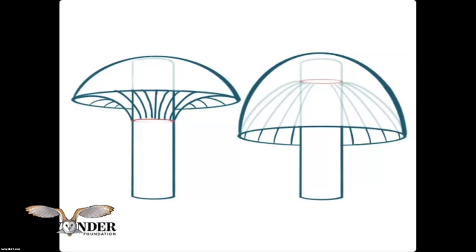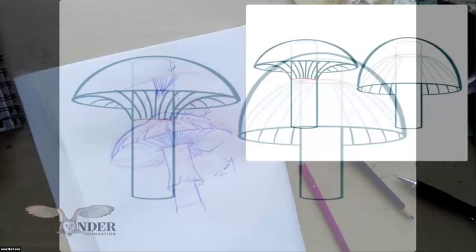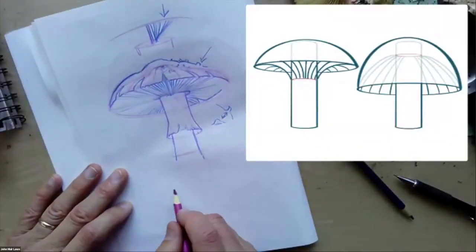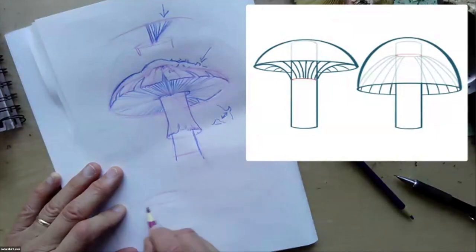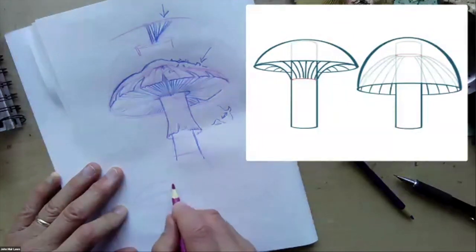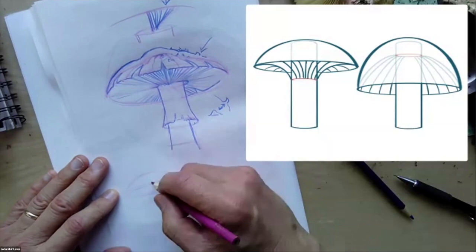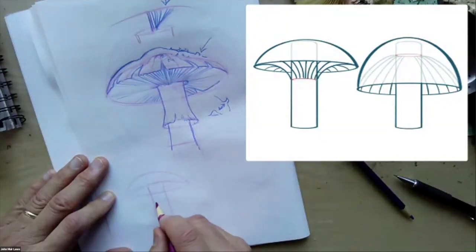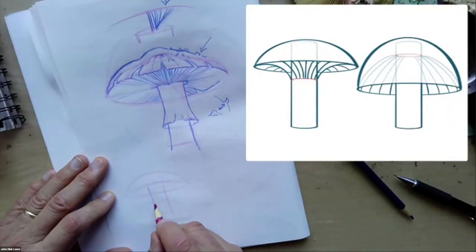So let's just make a couple quick diagrams of this. In one, I'm going to give myself a little cap and a little stalk that comes down. And I'm going to be attaching those along a line here.